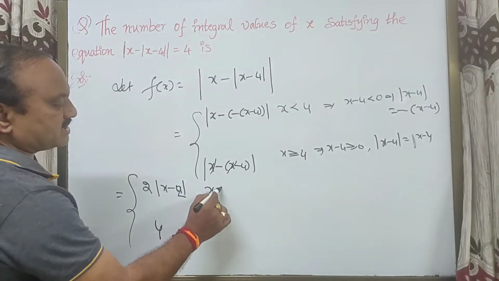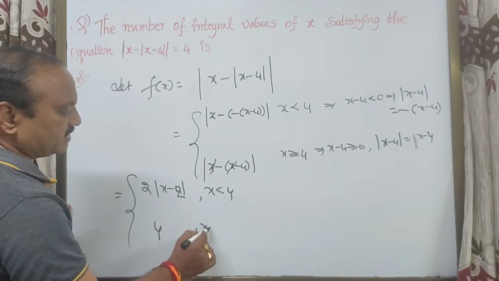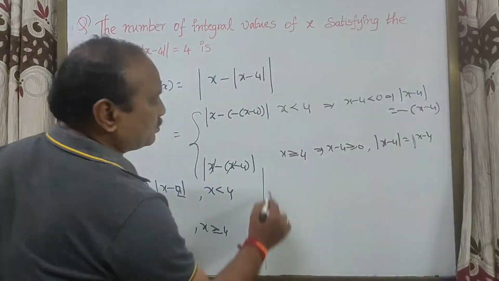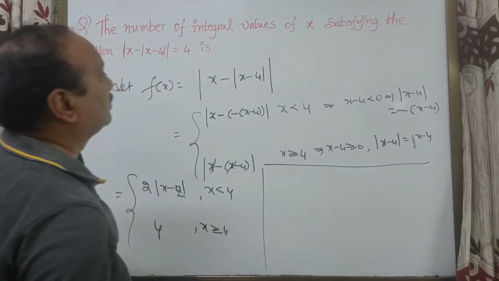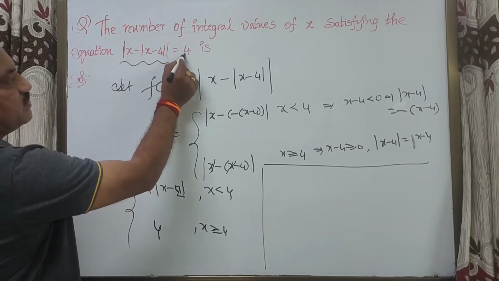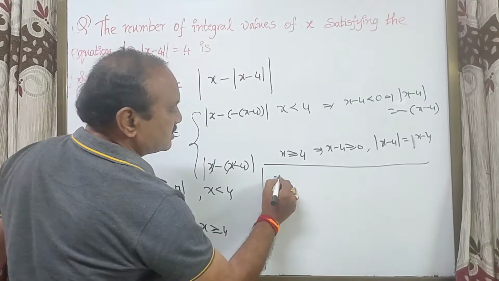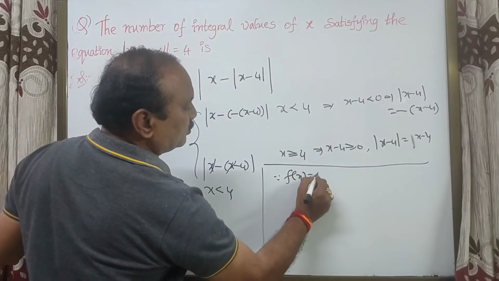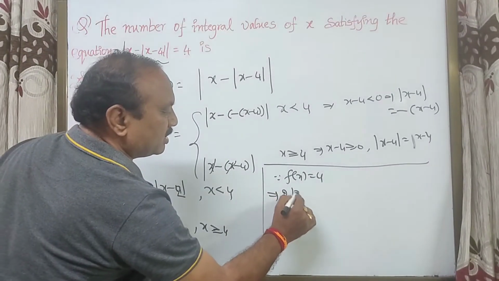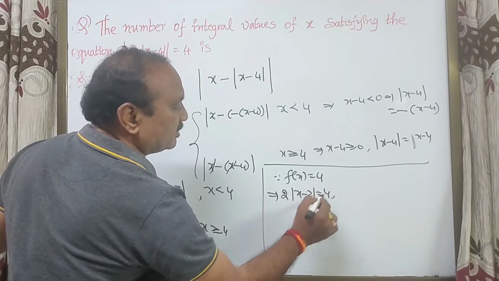It is for x less than 4, and it is 4 when x is greater than or equal to 4. Students, our question is, we consider this as f of x equal to 4.